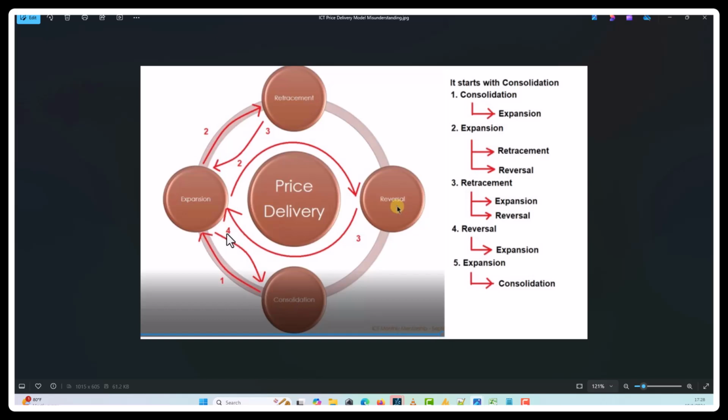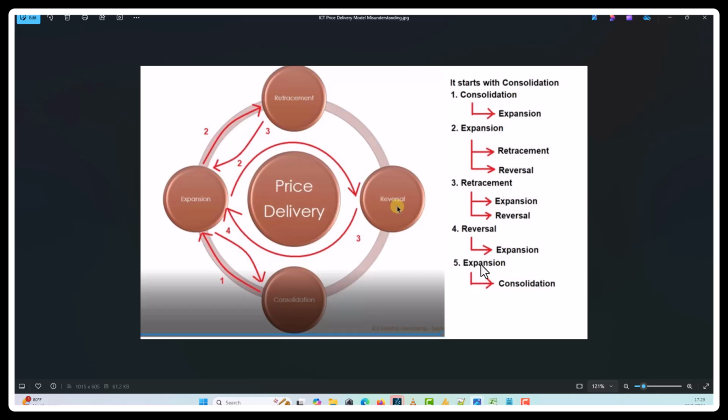But he numbered the steps right here. It could make sense. So basically step 1 right here, step 2 is going to be retracement, or step 2 right here it goes to reversal, and right here it's going to be retracement, step 2, and then it goes back to expansion.